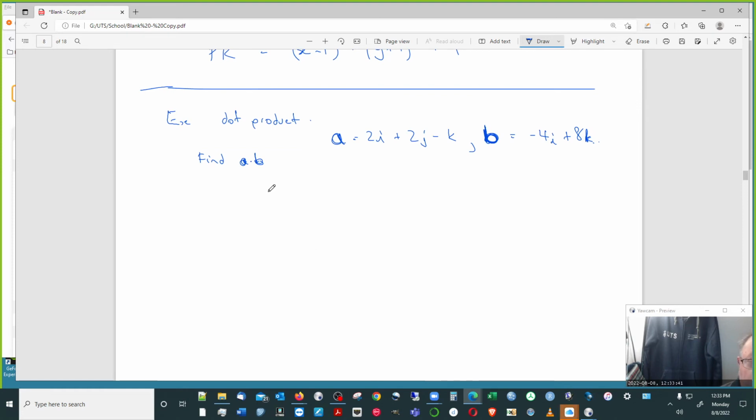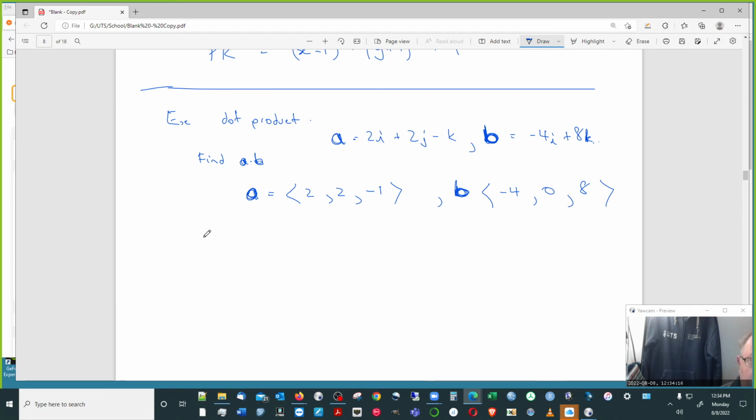Okay, so we're going to say that A, we're going to do a conversion and put it in component form. So the component form for A is that one, and for B it's going to be... is that alright?